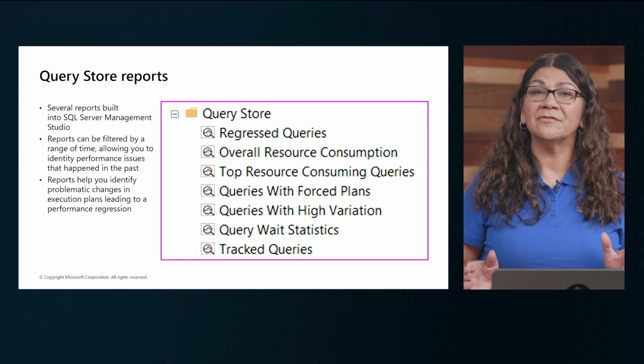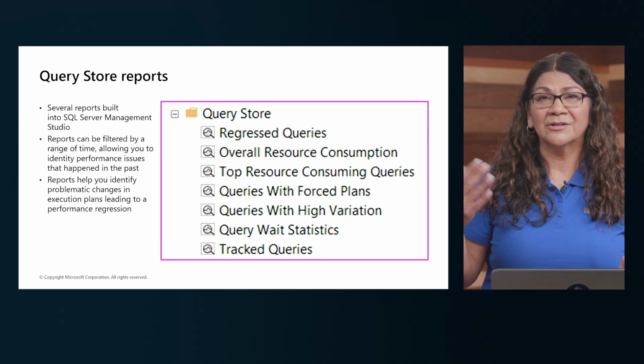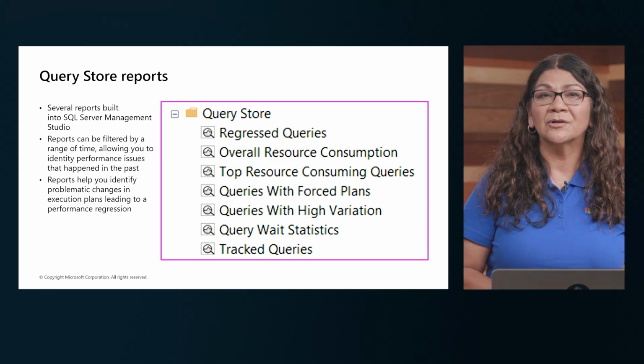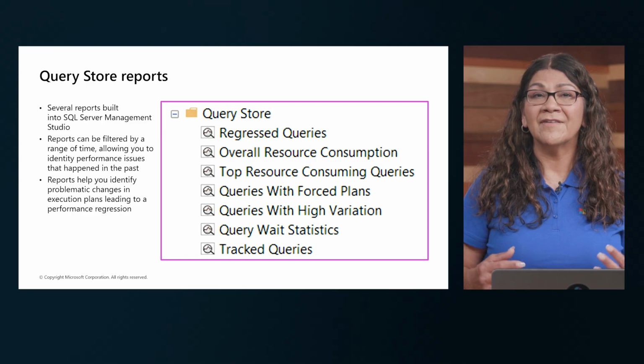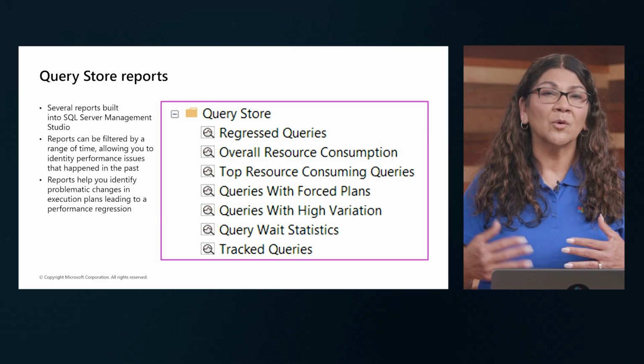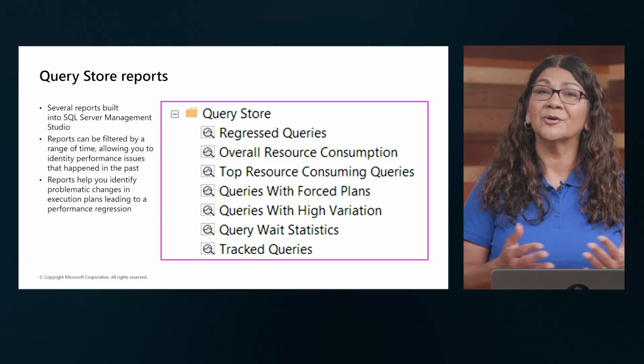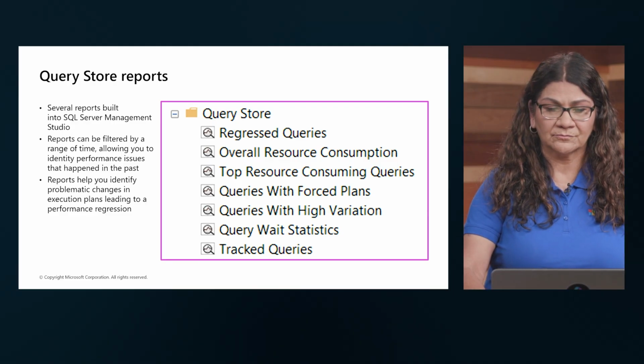These reports can be filtered by time ranges, so things like the last hour, last day, last week. You can also use them for evaluating the impact of server configurations that you've just done, or schema changes, or ensuring consistent query performance across deployments.